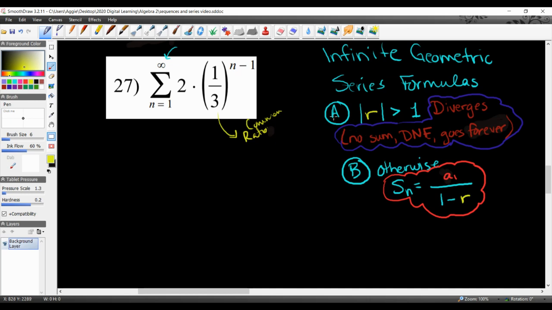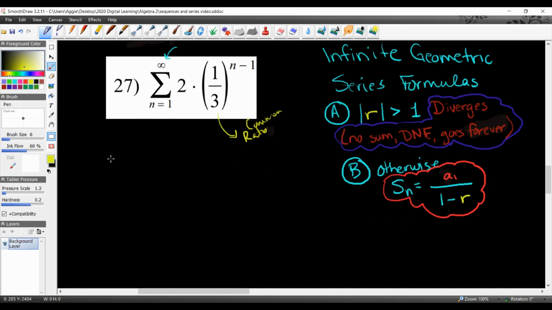We have 2 options. Option A is where the absolute value of r is greater than 1. If this happens, then the sum will diverge, and there is no sum. It doesn't exist. It goes on forever. Otherwise, if our absolute value is not greater than 1, then we're going to be using this formula: S of n is equal to a sub 1 divided by 1 minus r.